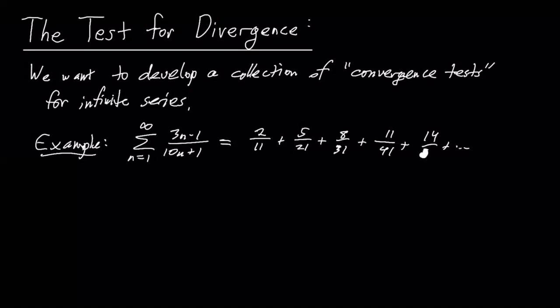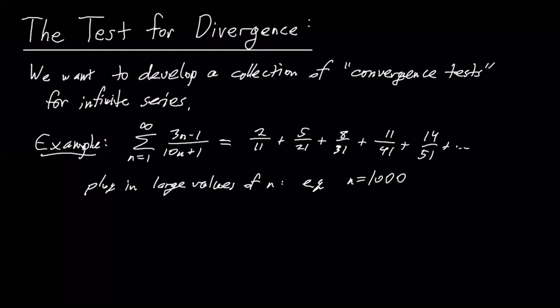But you might look at this and at first have no idea what's happening. So let's think about plugging in large values of n. For example, if we plugged in n equals 1,000, which is not very large in some senses, what's the 1,000th term?